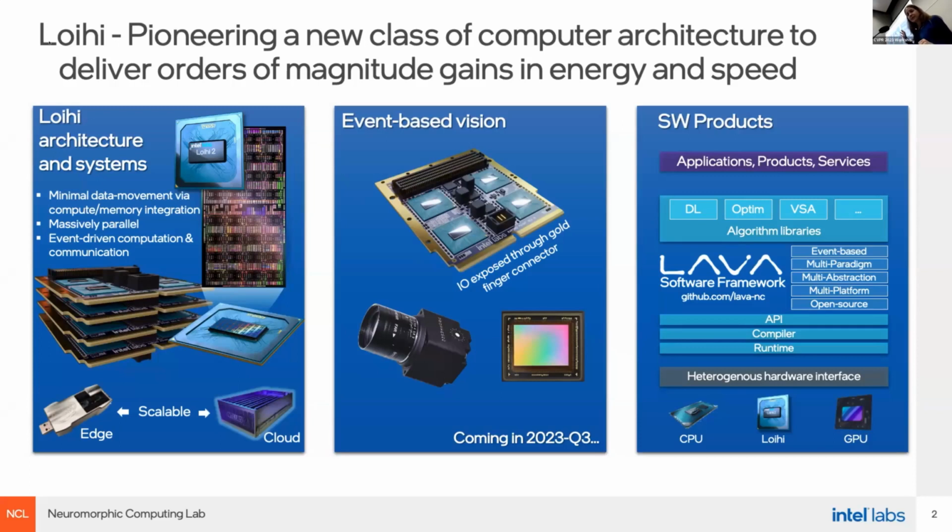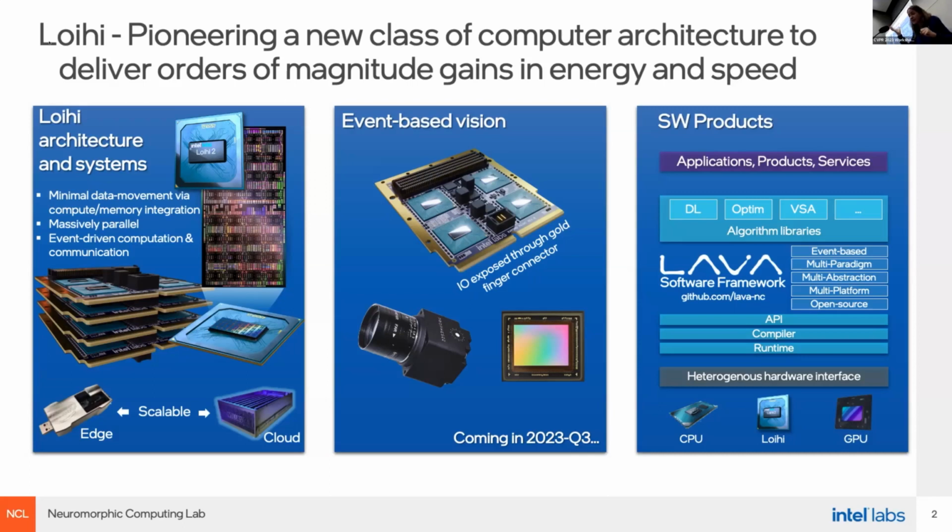Loihi is a multi-core system that guarantees minimal data movement by tightly integrating compute and memory. It's a multi-core system with a lot of memory associated with every core and with asynchronous processing in these cores. So it's a massively parallel system and supports event-driven computation and communication. We have systems that one can try out and use on a scale from edge computing to large-scale data center computing.